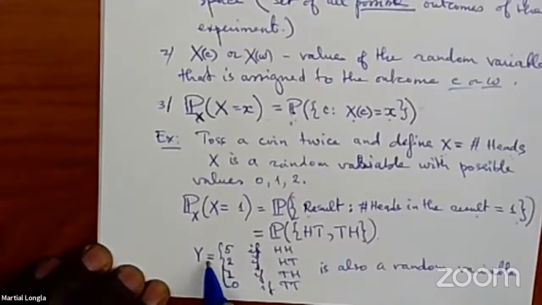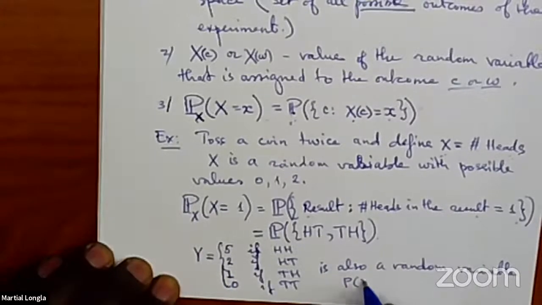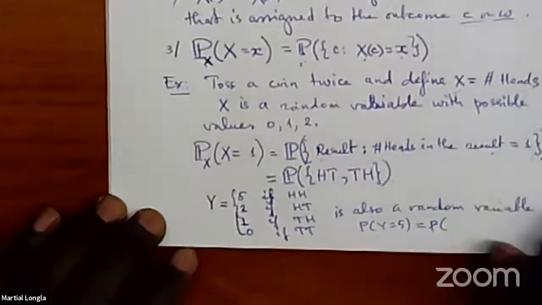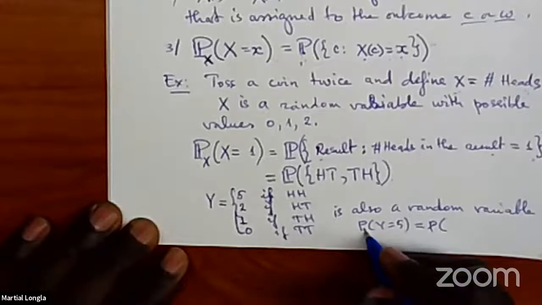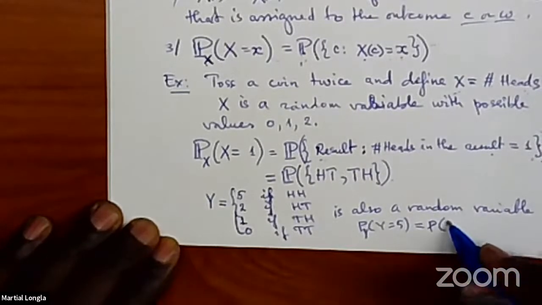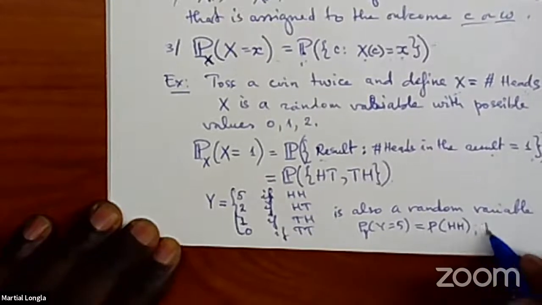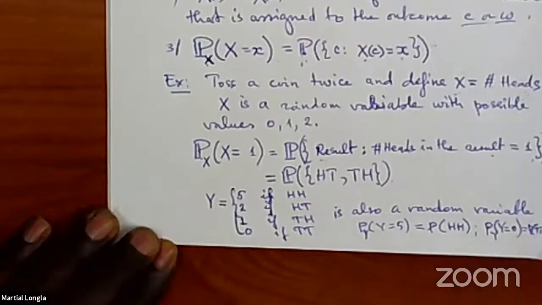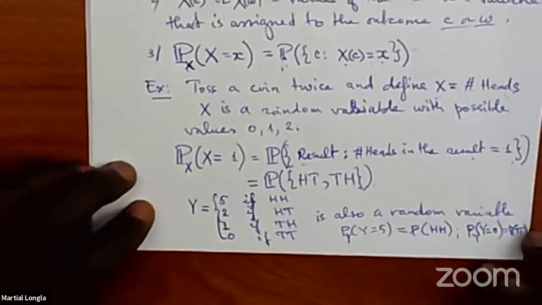So the probability that Y equals 5 is equal to the probability under Y that Y is 5, which is equal to the probability of having head-head. The probability under Y of having Y equals 0 is the probability of tail-tail, and so on. That's what it is.